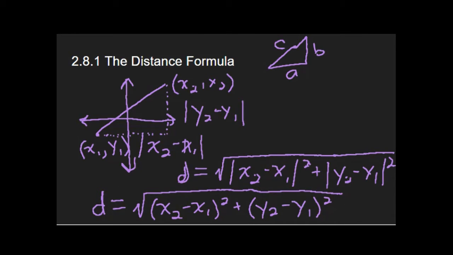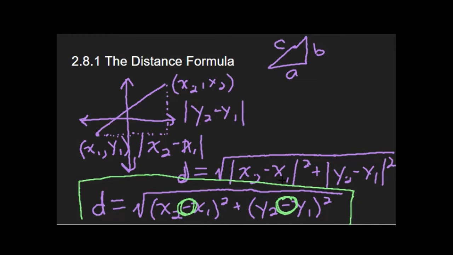So this is the distance formula that you will be using right here. Make sure you notice that when you're doing distance, you take the difference of the two x coordinates and you take the difference of the two y coordinates. Okay, that's going to be important. Students always confuse those. You take the difference of the two x coordinates and the difference of the two y coordinates. So let's do some examples.